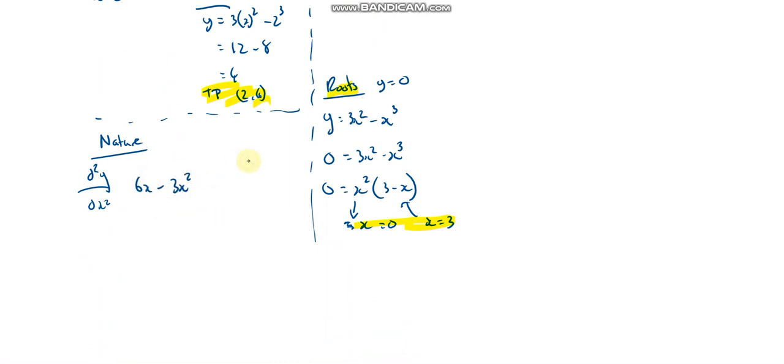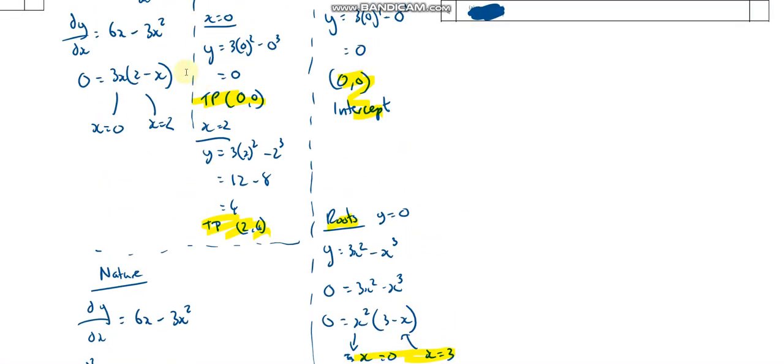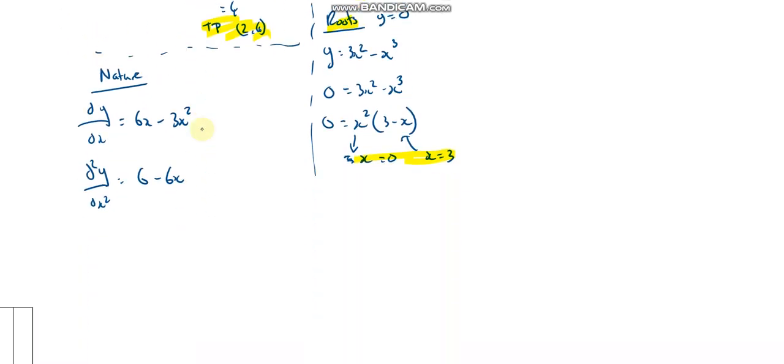Or just quicker to type it, but anyway. So there's a differential. My double differential, d2y by dx squared, is going to be 6 take away 6x. So let's substitute in my 0 and 2. So when x is equal to 0 and x is equal to 2, what are my natures like?